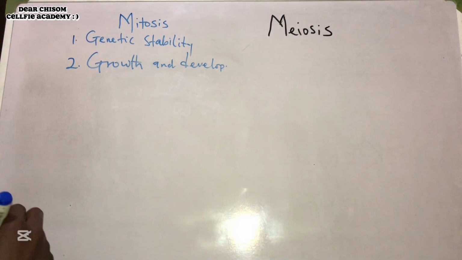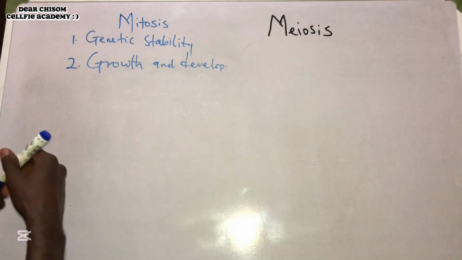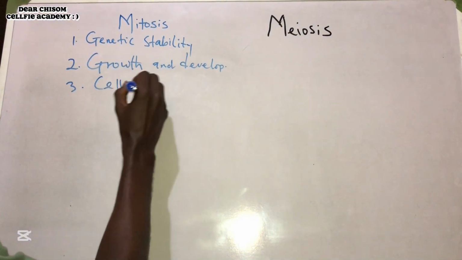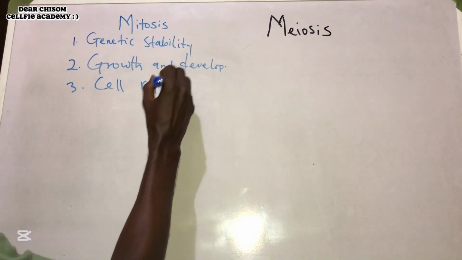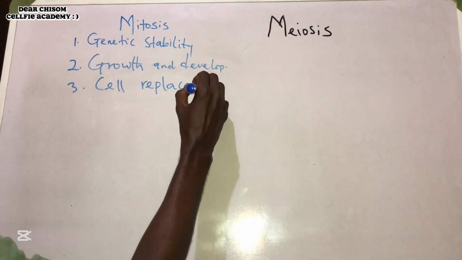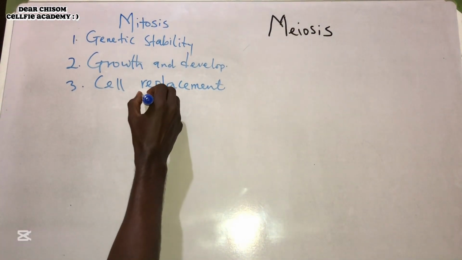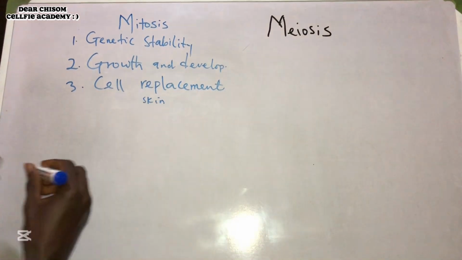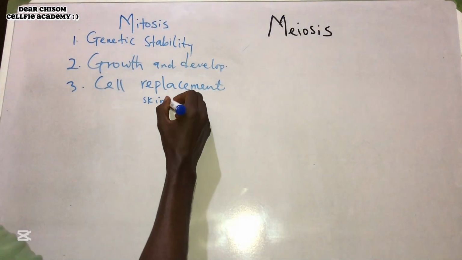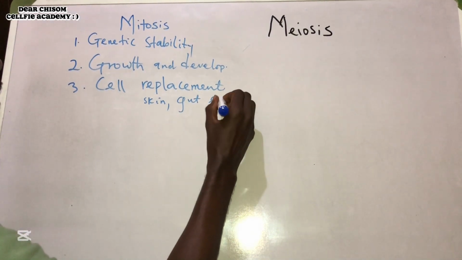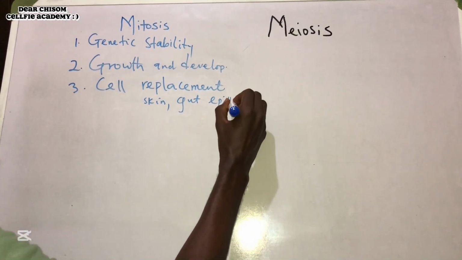Another thing to note is that mitosis gives rise to cell replacement. Number 3, cell replacement. We look at the skin cell, for example. We also have the gut epithelial cell.